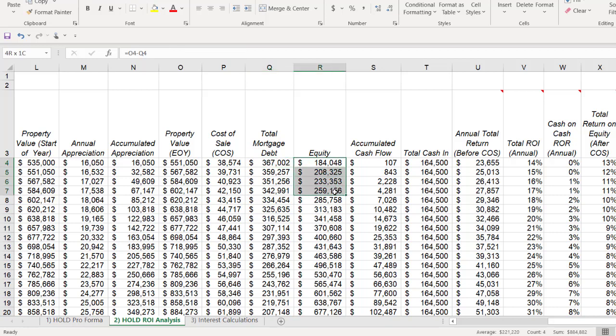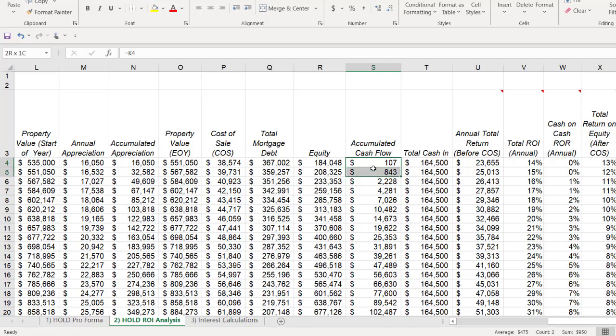And then here is your equity over time. So year 1, you have about $184,000 worth of equity, and year 5, right here, you have about $285,000 worth of equity. Cash flow accumulated, you can see that it's very, very low in year 1 because you're only collecting like $8-9 a month, technically.